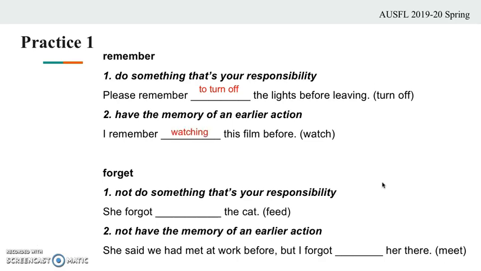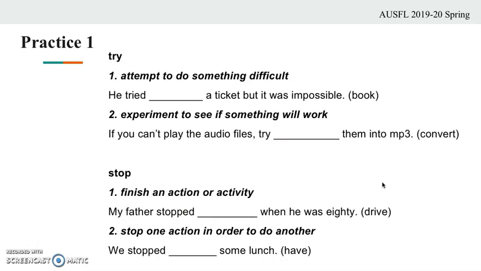I remember watching this film before. And next verb is forget. Number 1. She forgot to feed the cat. And number 2. She said we had met at work before, but I forgot meeting her there. Again, please pause the video and complete the sentences.